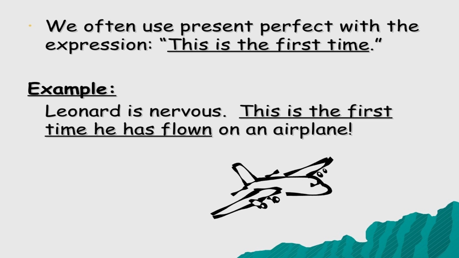Similarly, we often use present perfect with the expression "this is the first time." After that we use present perfect. Like, Leonard is nervous. This is the first time he has flown on an airplane. She is nervous. Why?